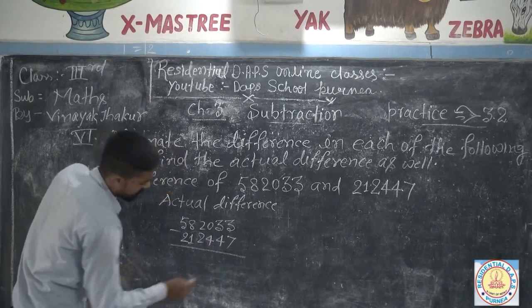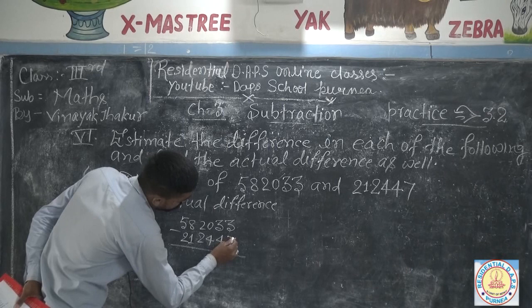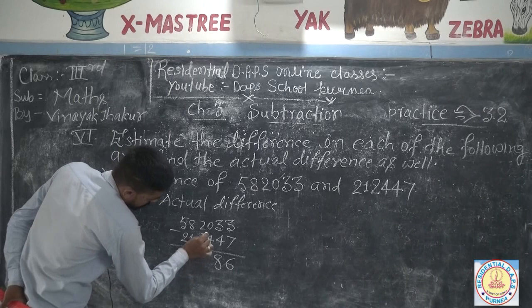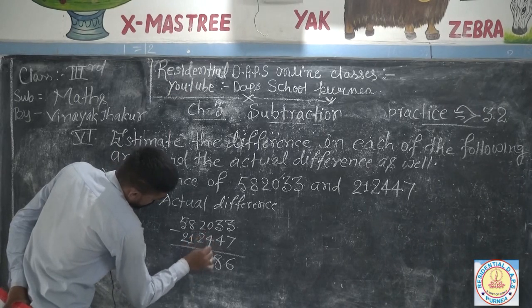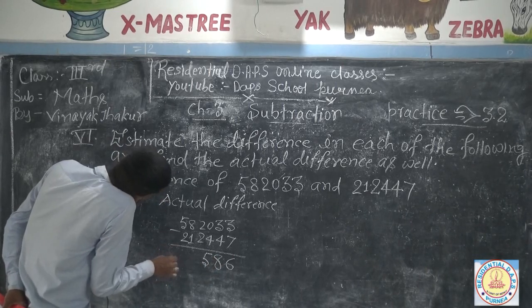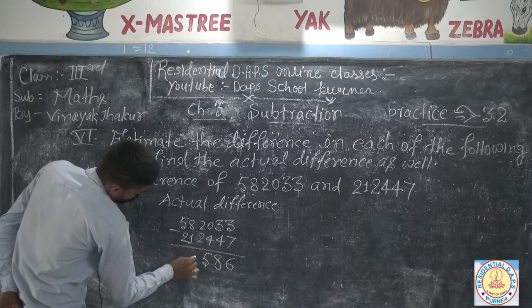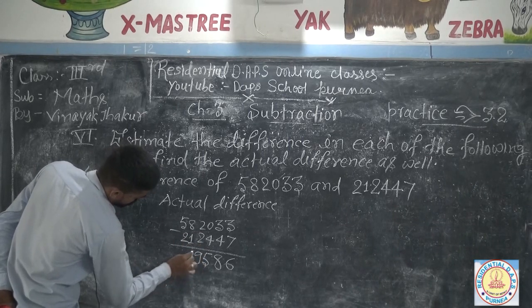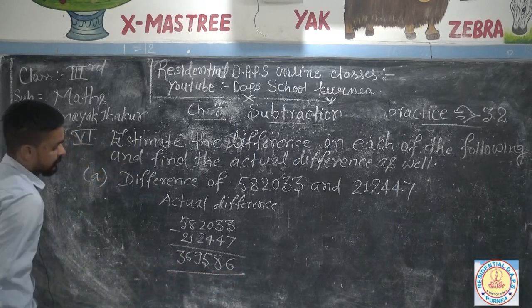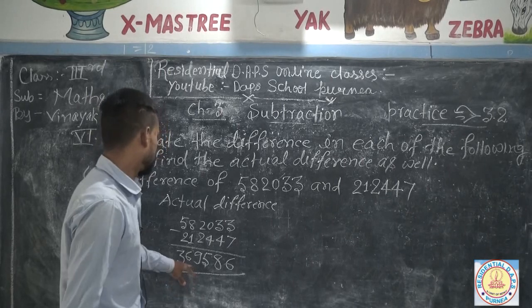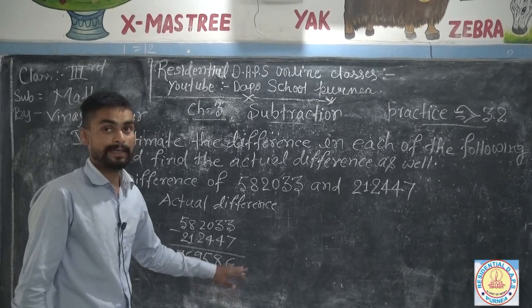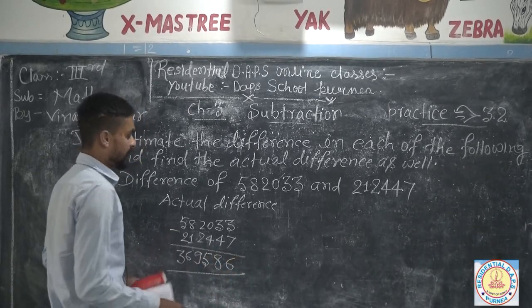This is subtracted, so you get 3,69,586, which is your actual difference.